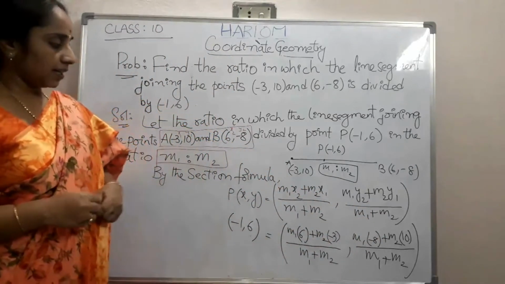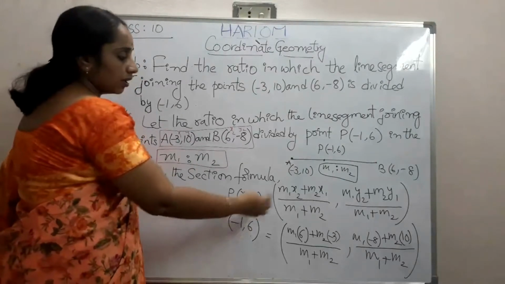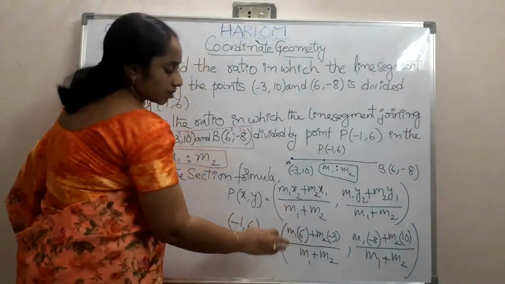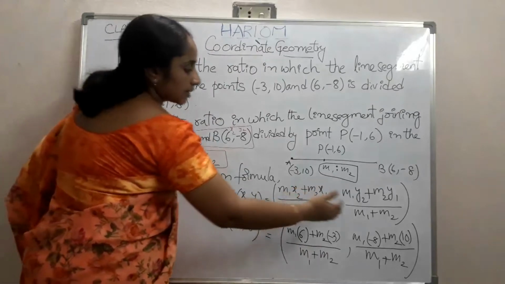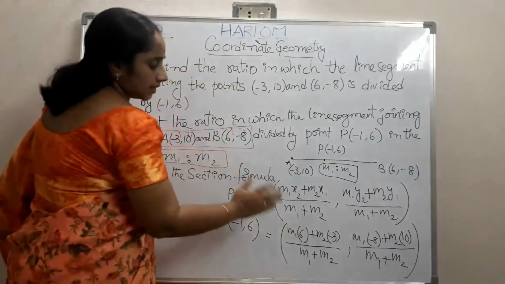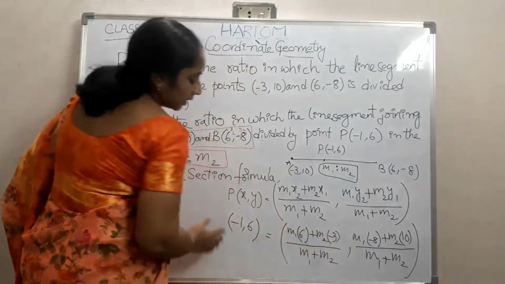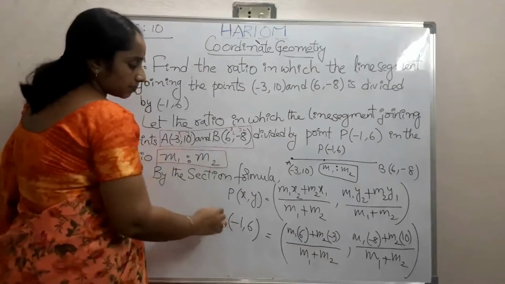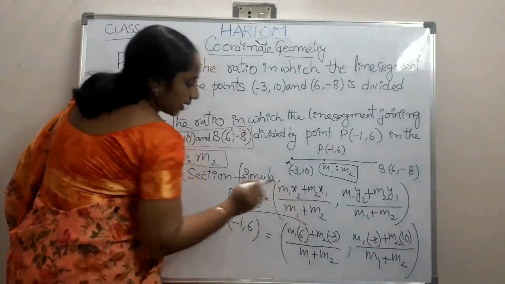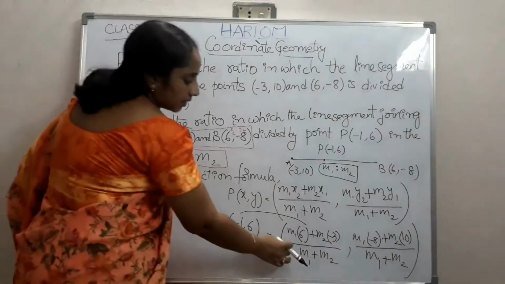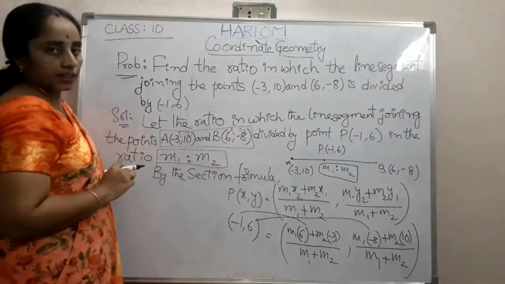Here its meaning is that the first coordinate in this P is equal to what we have substituted in this section formula, and the second coordinate is equal to this y coordinate. These are x coordinates and this is y coordinate. This x coordinate, -1, is equal to the x coordinate in the line segment, and this y coordinate is equal to that y coordinate.